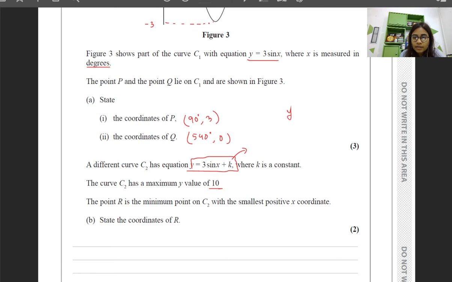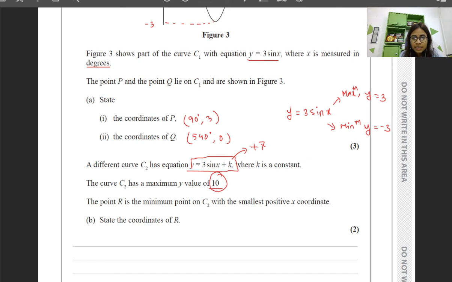For y equals 3 sine x, we know the maximum is y equals 3 and the minimum of y is minus 3. So if this graph has a maximum of 10, that means the curve is vertically raised by 7 units.